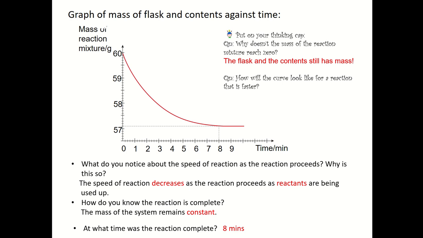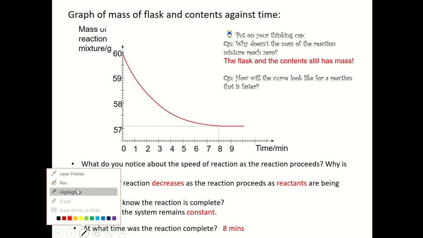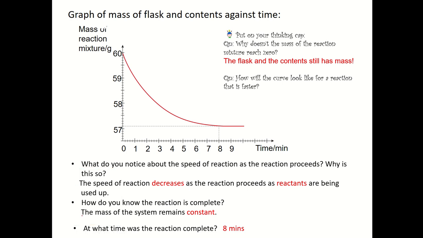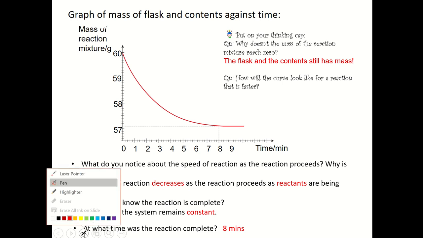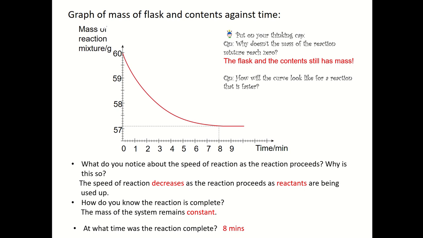So if you have a second reaction taking place at a faster rate, you will realize that the gradient of the graph should become steeper, because remember gradient represents speed. So the faster reaction means you have steeper gradient. Your graph will look something like this.